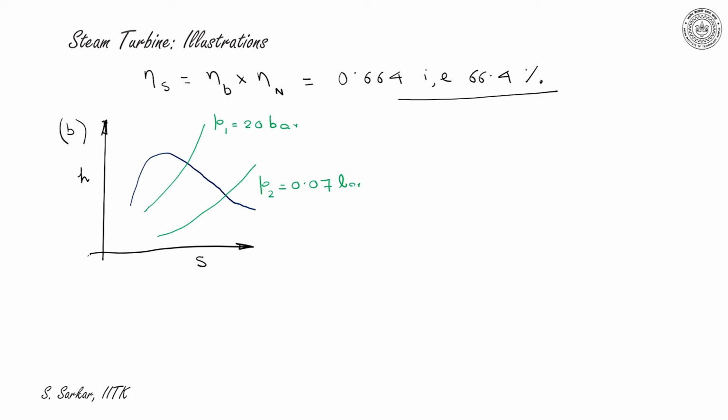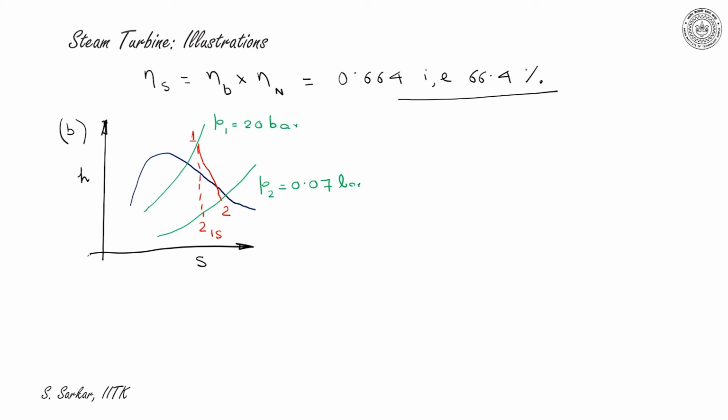Now let us consider the expansion. So 1, 2 be the actual expansion, and this 1, 2s be the isentropic expansion, 2s isentropic.